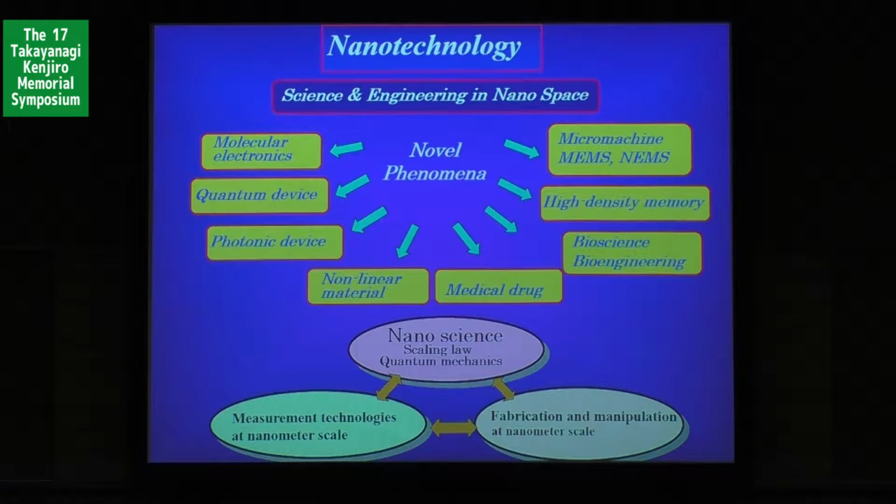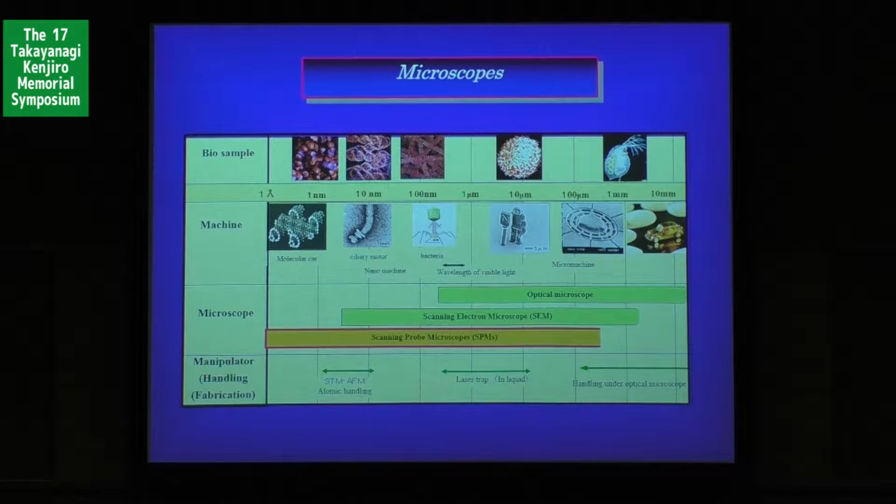And this is like a territory map of the microscope. The size is smaller in this direction: water flea, leukocyte, DNA, and molecule. This is an optical microscope. The resolution is several hundred nanometers due to the diffraction limit of optical wavelengths.